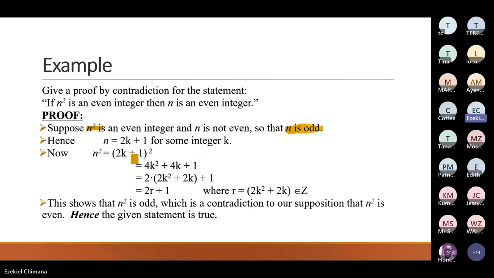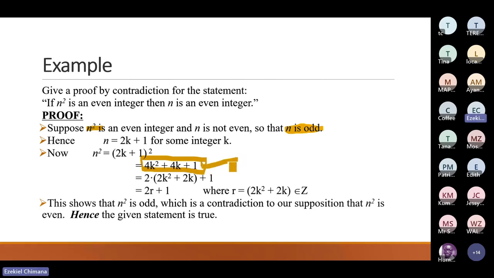So it will be 2k plus 1 squared, which is 2k plus 1 times 2k plus 1. If you multiply that and simplify, it will be 2k times 2k, then 2k times 1, and then 1 times 2k, and 1 times 1, and then we add everything. You are going to get 4k squared plus 4k plus 1.